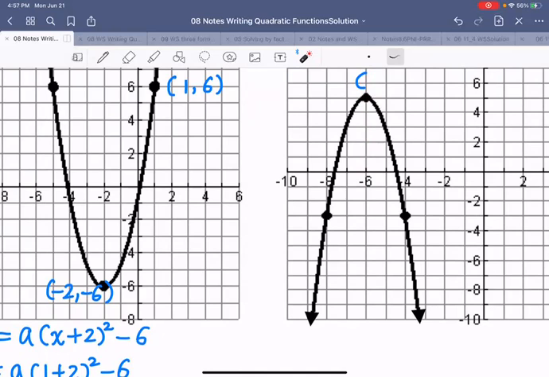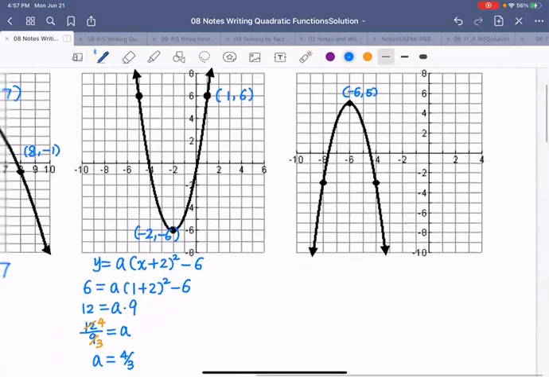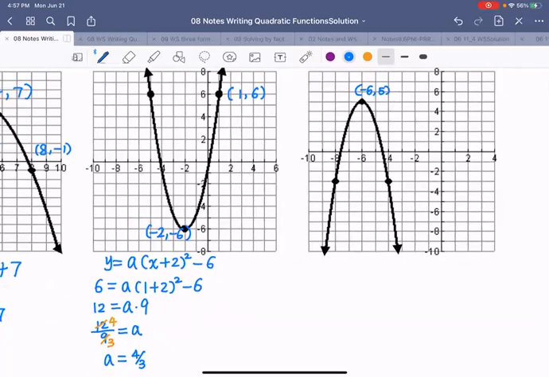Helen, -6, 5. Very good. Now, can you tell me the vertex format, please? y equals a (x plus 6) squared plus 5. Very good, good job, you made it, thank you.